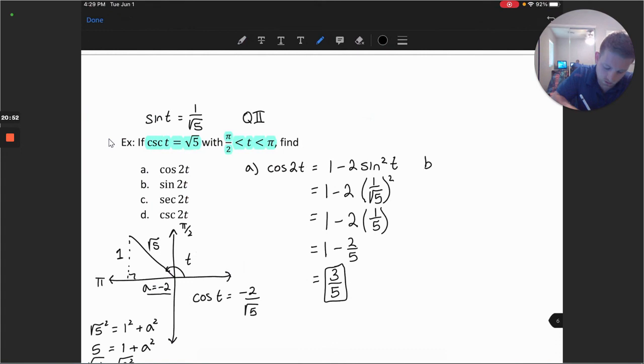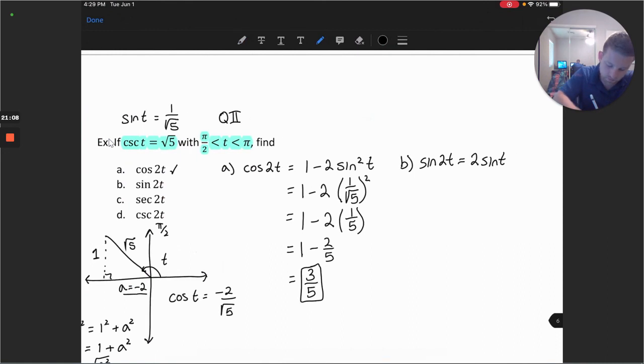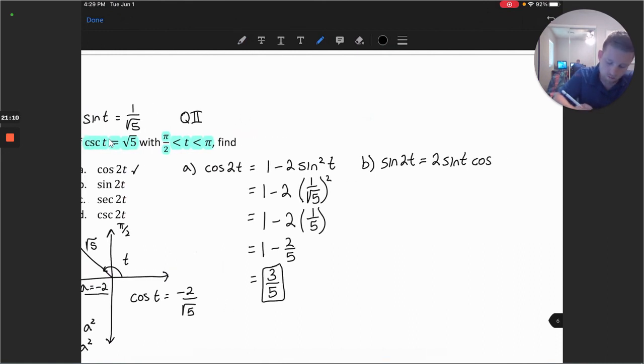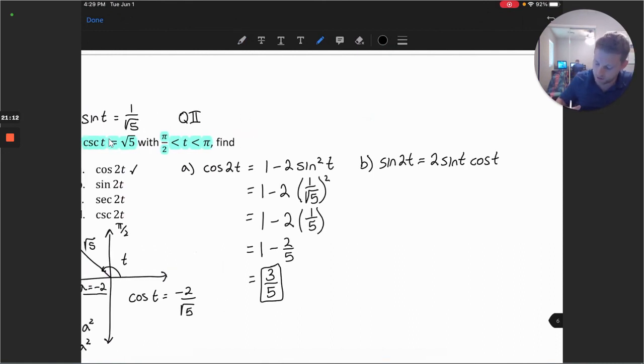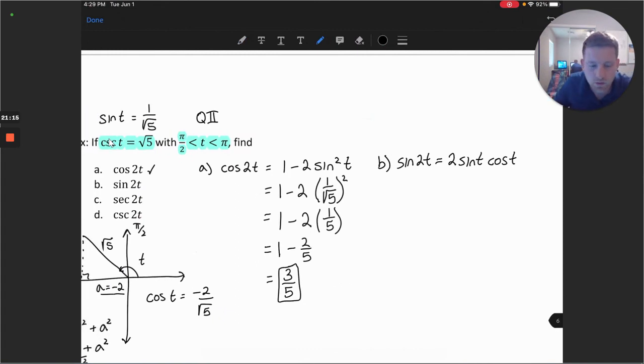Part B, we're going to find the sine of 2t. Sine of 2t has only one representation, 2 sine of t times the cosine of t. And we know the cosine and the sine function here, so we just have to use these in the equation. This is 2.